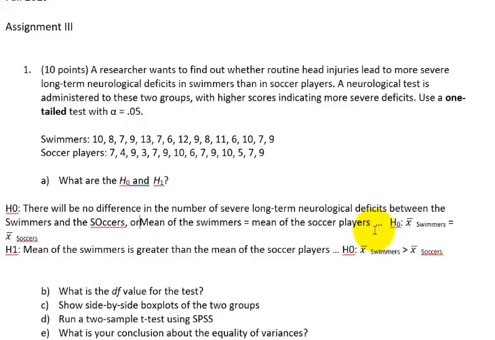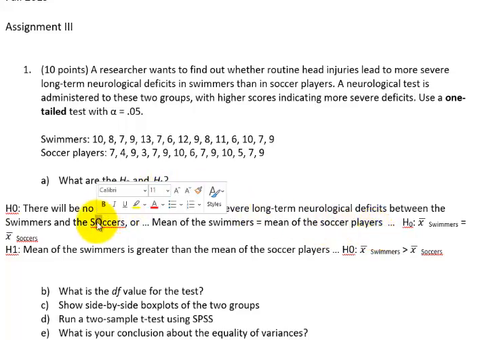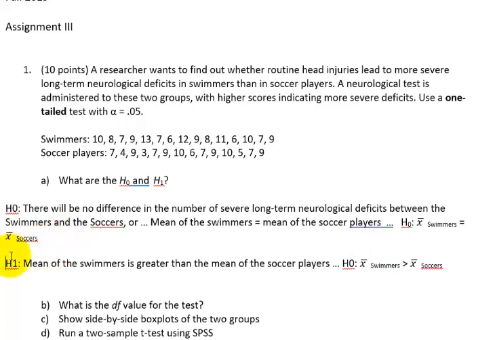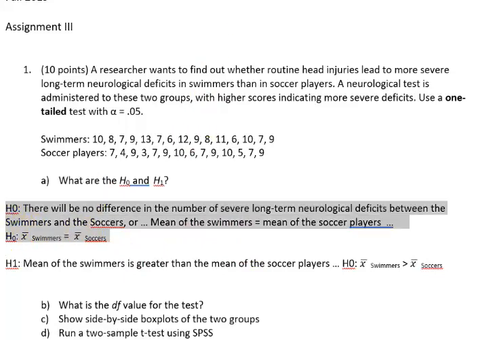And then the alternative. I'll wait for you to finish. We got it. So then the alternative: the mean of the swimmers is greater than the mean of the soccer players. So we could say that there are more neurological deficits in swimmers than in soccer players.